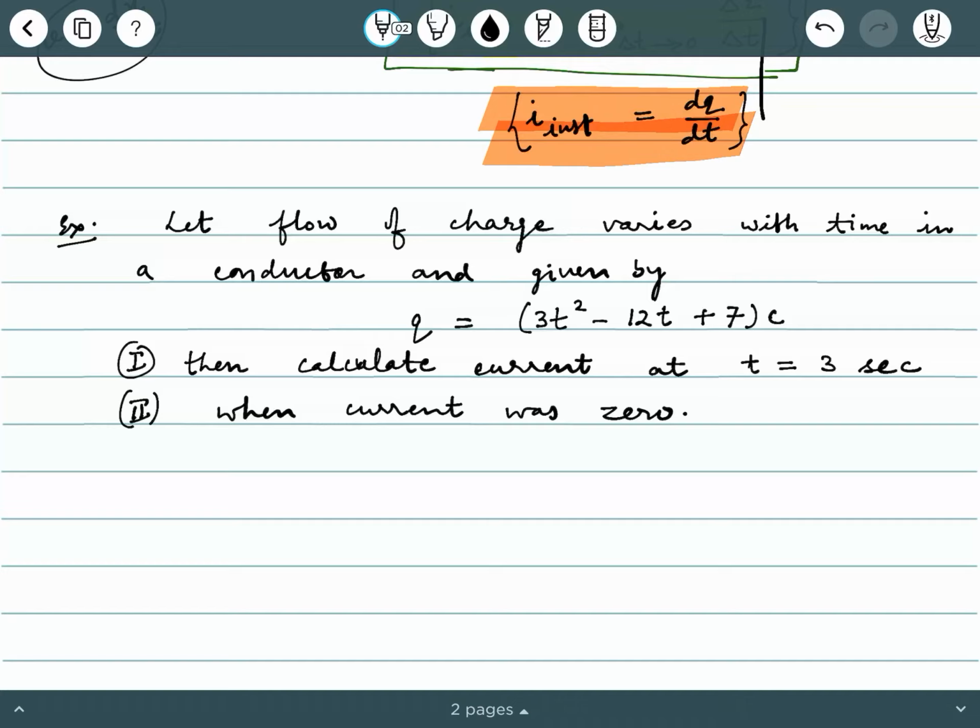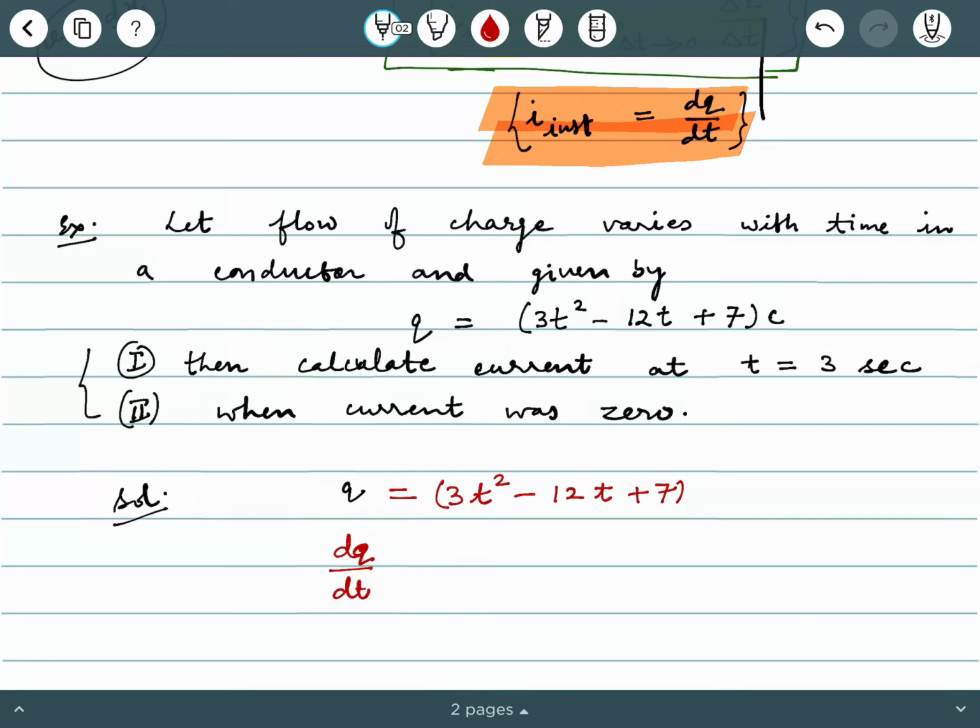We can also ask what is the maximum value of current. Anyway, first of all, these two questions I will solve. So we are given the solution now. We are given q equal to 3t square minus 12t plus 7.